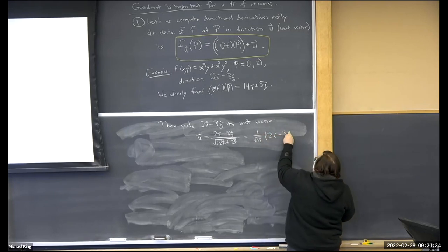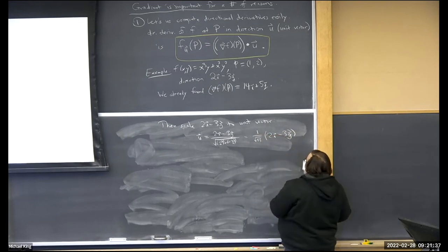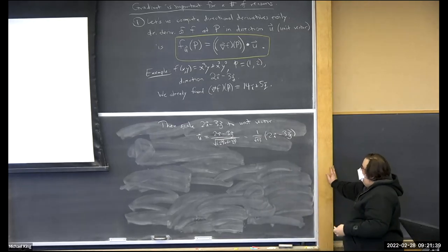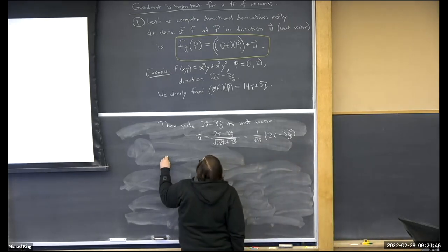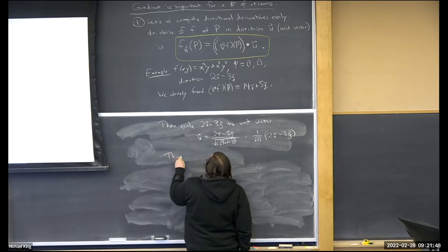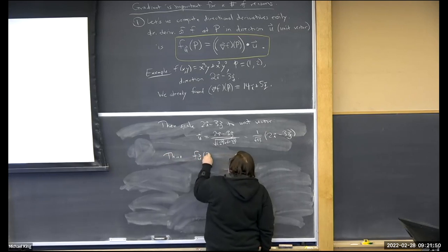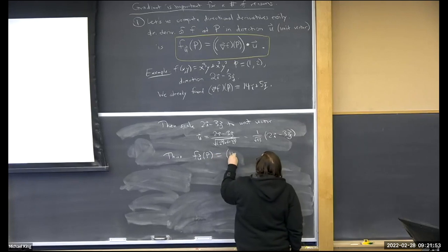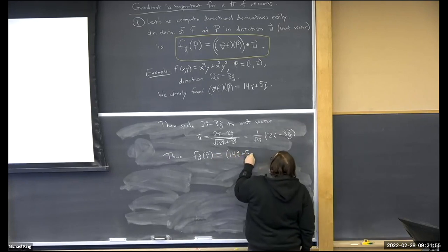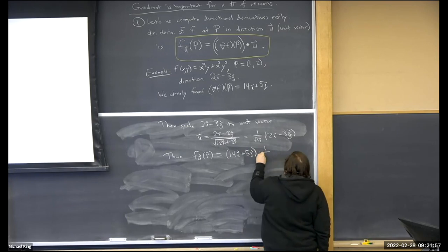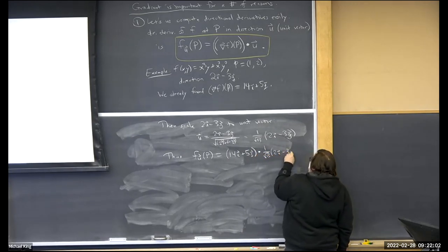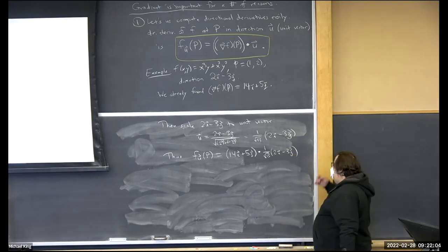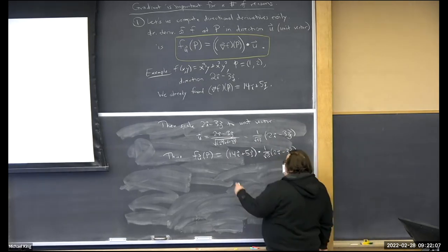You can write 2 over root 13 i minus 3 over root 13 j if you want, but sometimes it's nicer just to leave the factor outside, because then the directional derivative is just the dot product. And the nice thing is the 1 over root 13 can just come out in front.